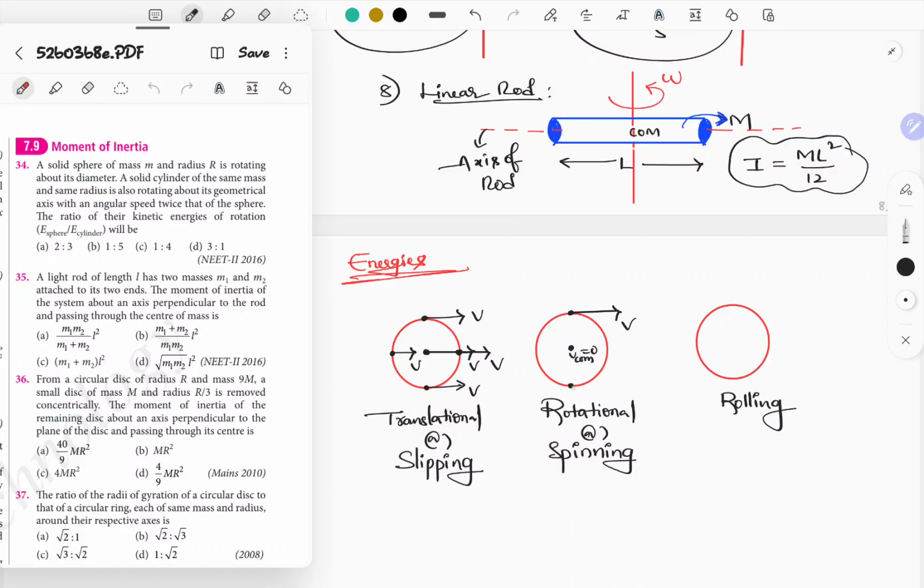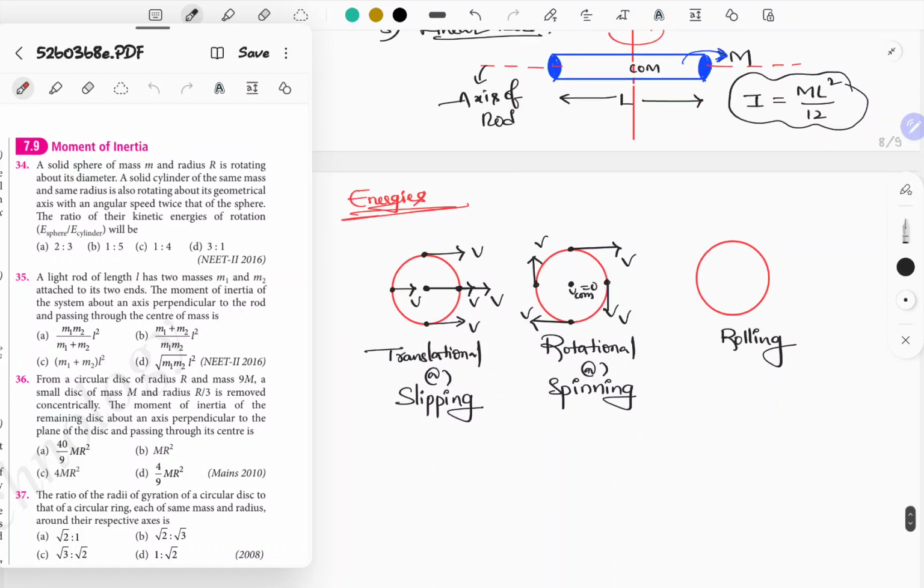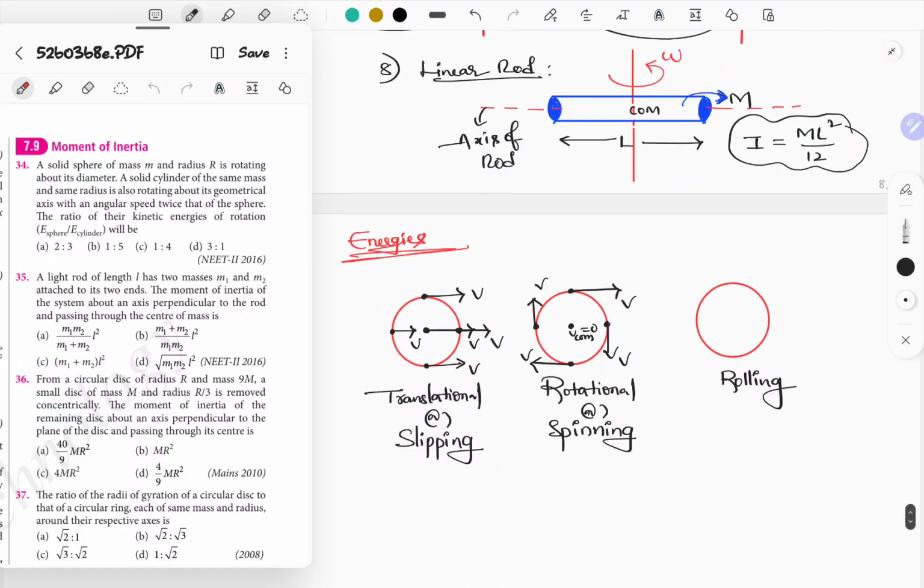The particle at the bottom will move backward with the same velocity v. The particle at this position will move upward with a velocity v. The particle at this position will move downward with a velocity v. This is called pure rotational motion or spinning. Hope you understood the difference between slipping and spinning.